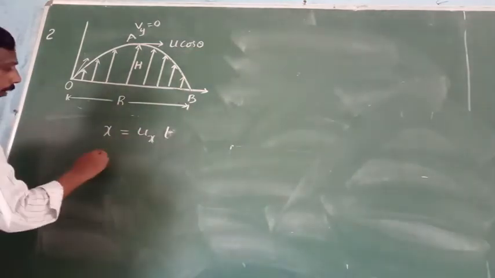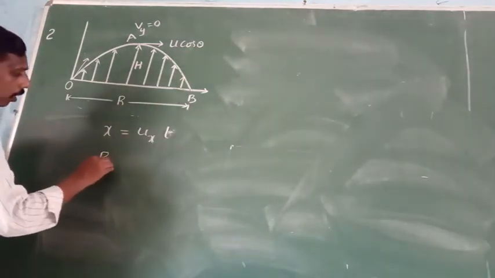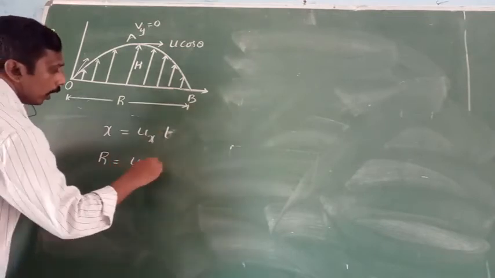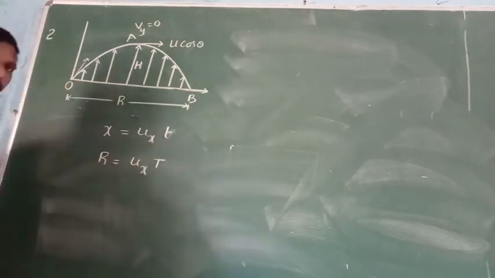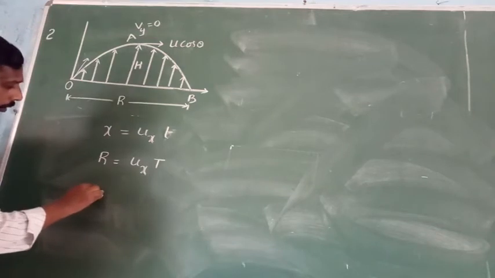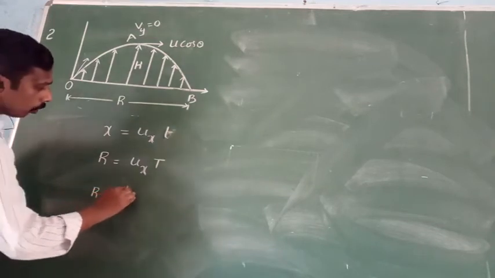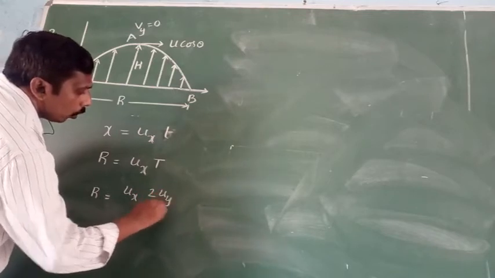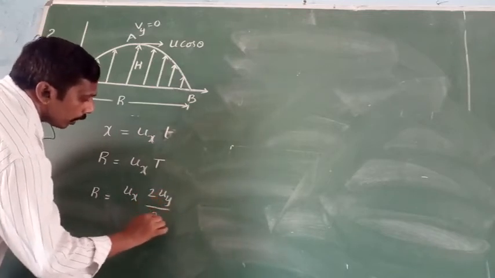In time of flight, the distance is taken as R is equal to ux into T, where T stands for time of flight. So range R is equal to ux into time of flight, which is 2 uy by g.